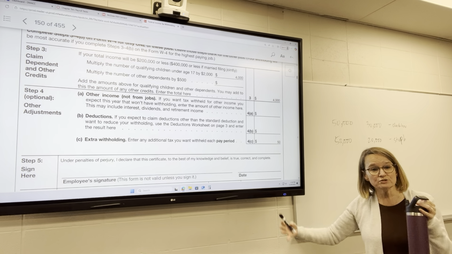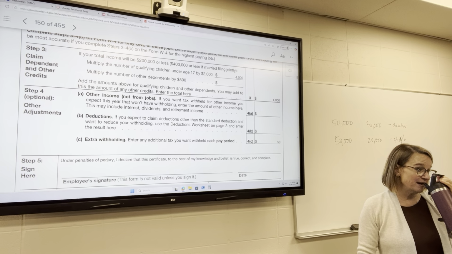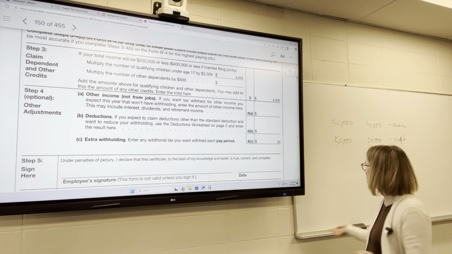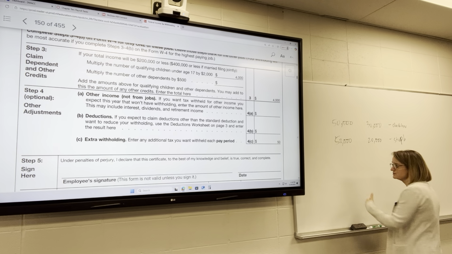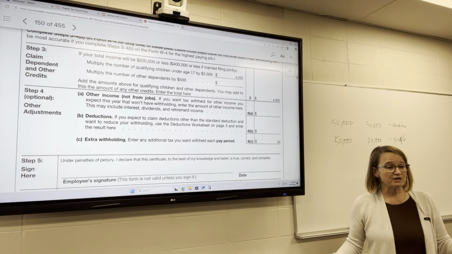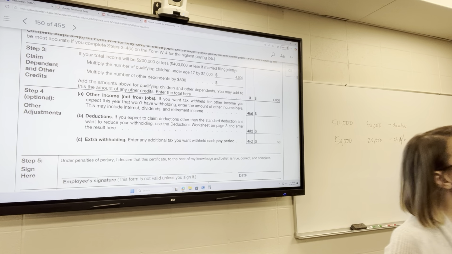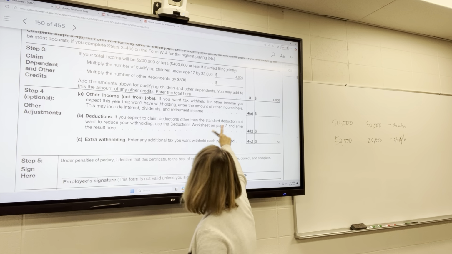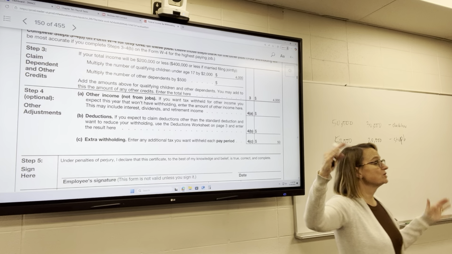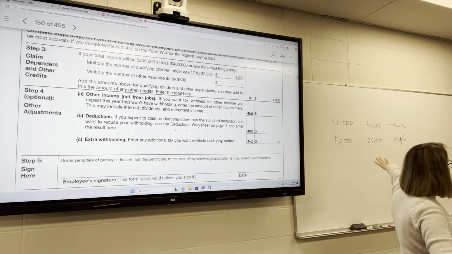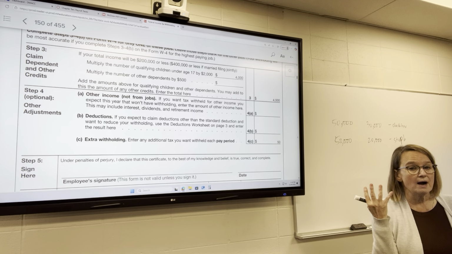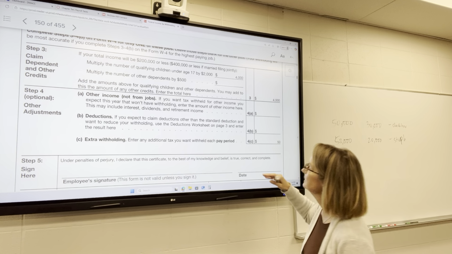So that's going to increase the amount that's withheld from your paycheck. For example, let's say your salary is $50,000, but you have $5,000 of interest income, and there's no withholding from that interest income. You can add the $5,000 here, and it's going to be as if your salary was $55,000. So the withholding is going to go up and account for that additional income.